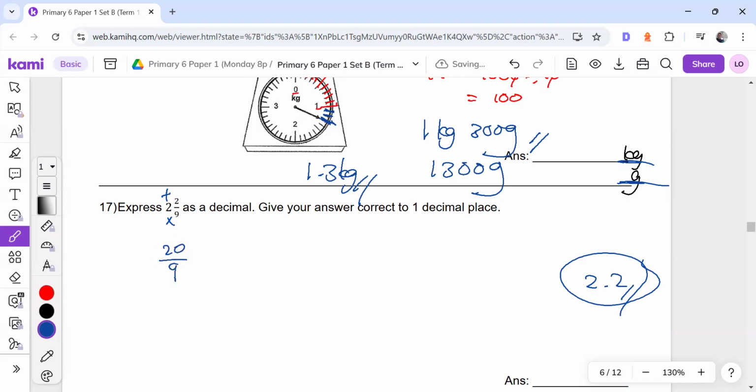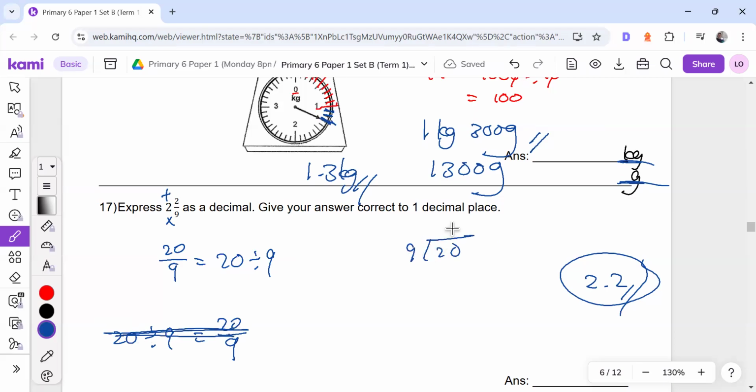Fraction means what? Fraction means dividing. Every time you see fraction, you do dividing. Or every time you see 20 divided by 9 is also fraction. You can also convert into fraction, up to you. So what is 20 divided by 9? Then do your long division. 2 times 9 is 18, then you minus. How to continue dividing?